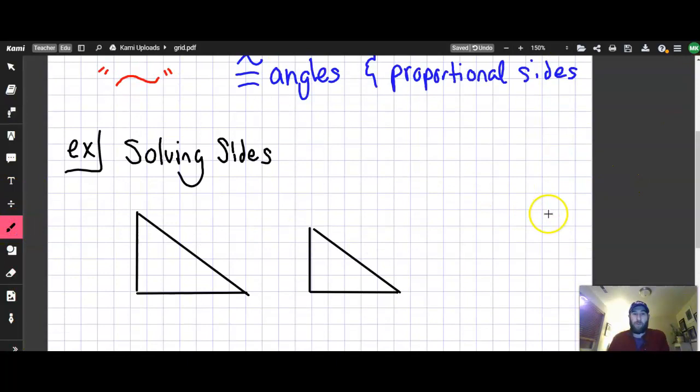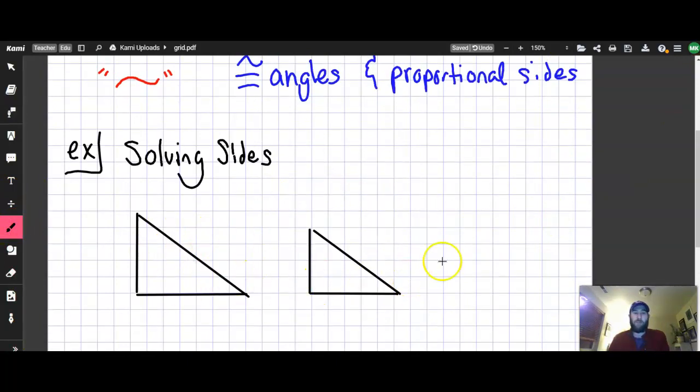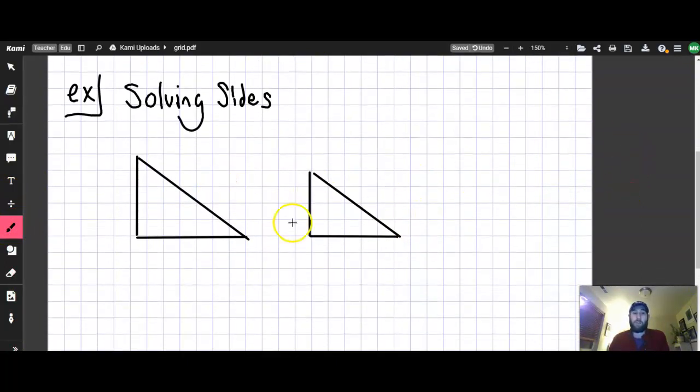All right, ladies and gentlemen, if we're solving sides, what we have here are two triangles. They're wonderfully drawn, if I say so myself. Now, I haven't labeled them yet because I want to emphasize the importance with our symbology, our notation, and the labeling. So, if our triangle here on the left is triangle ABC, then it's important to keep track of what is the actual correspondence between the two triangles.